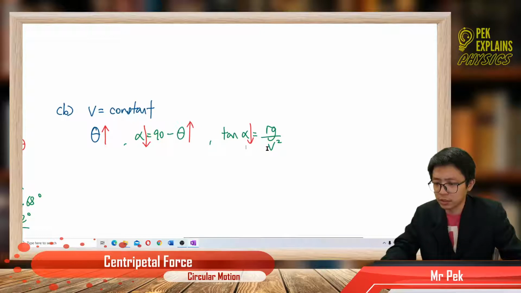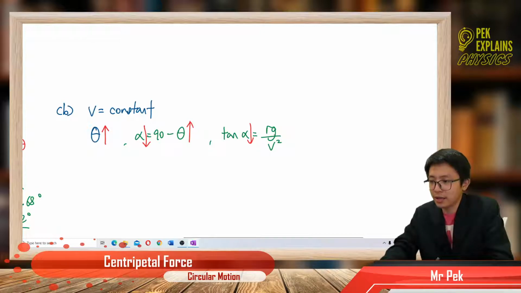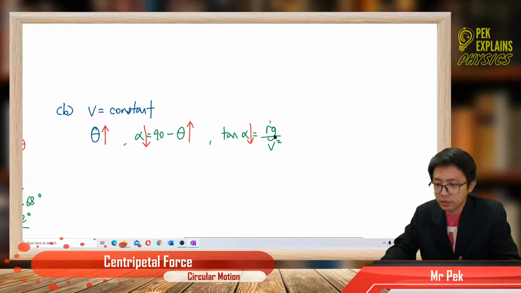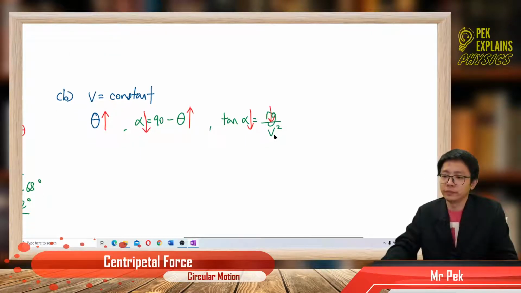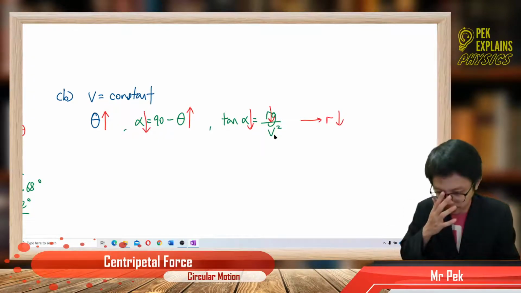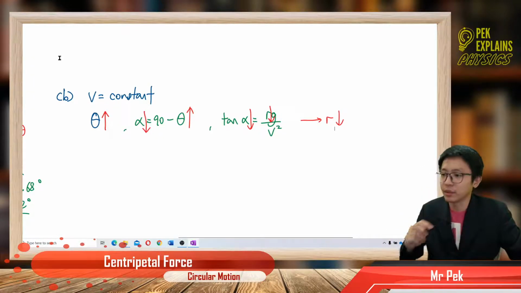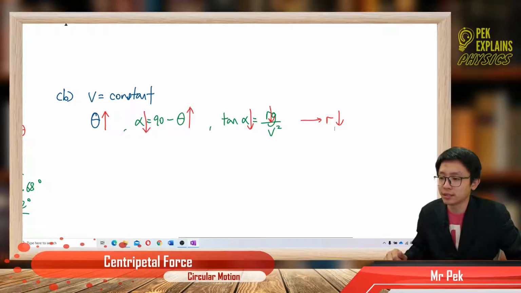V is constant, so g is also constant. The only thing that can make alpha go down is the R. So the R will also go down. So R goes down. R goes down means what? It means now the aircraft turns in a smaller circle.